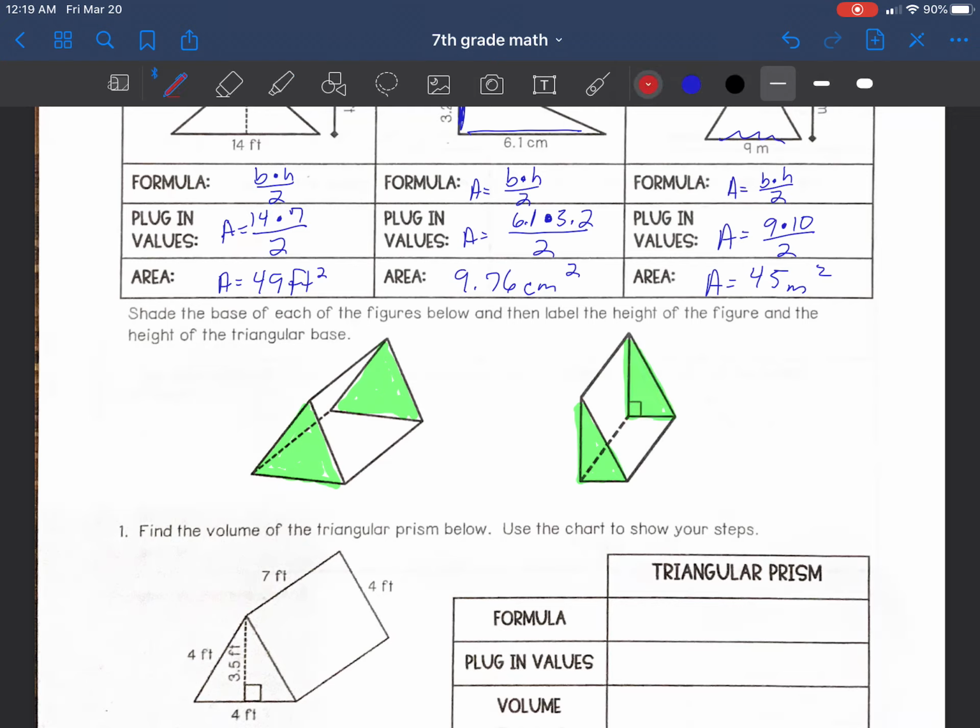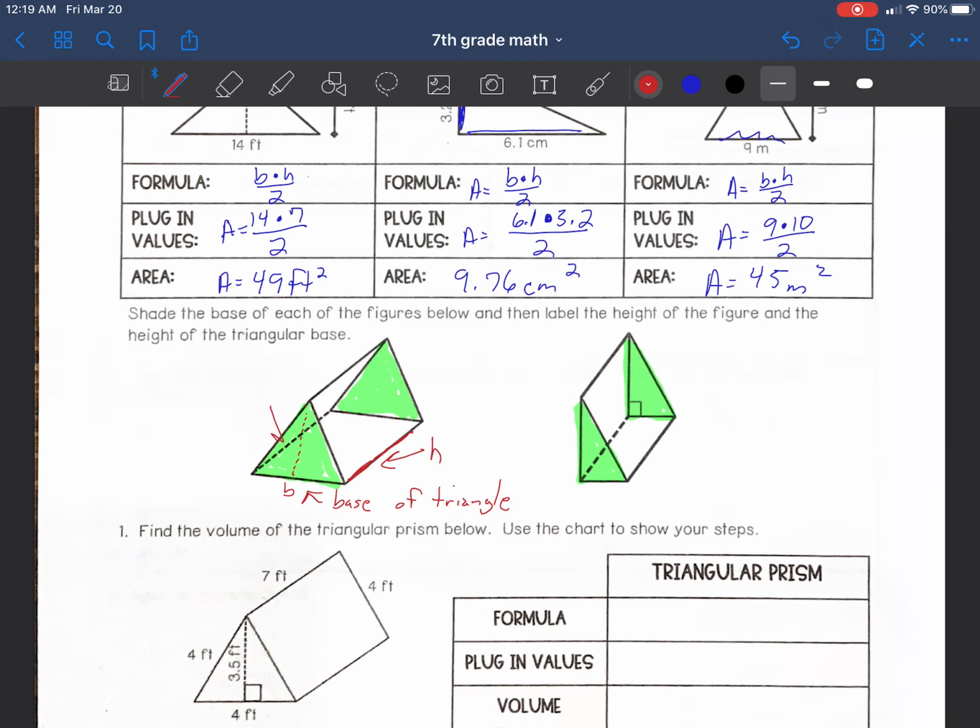Alright. Let's label them. So remember, the height is the distance between the bases. So my height would be this section right here. The base of the triangle, lowercase b, that's the base of the triangle. And then usually you'll see little lines going up and down if it's not a right triangle.